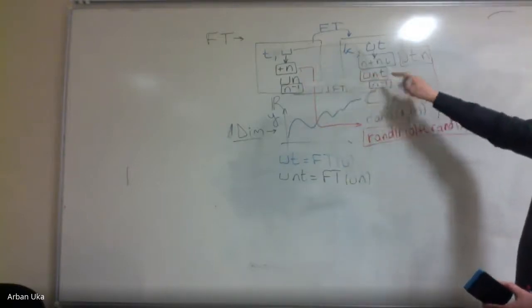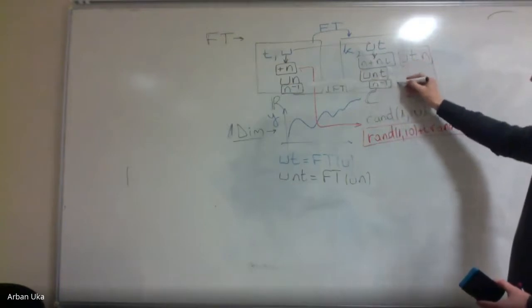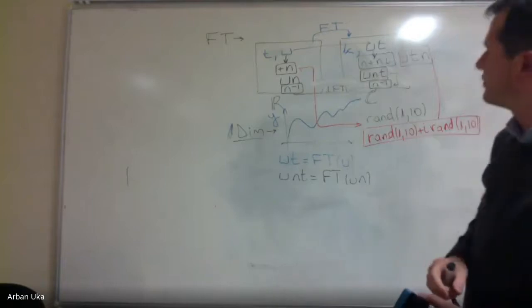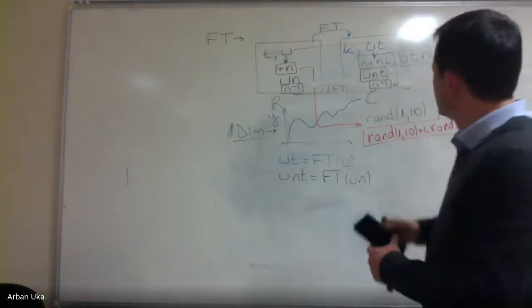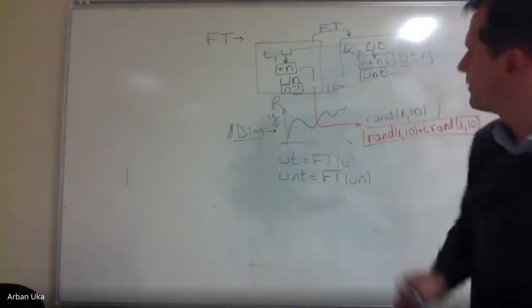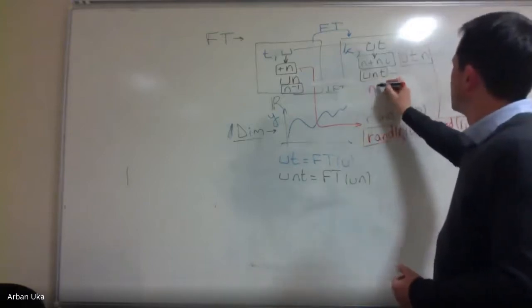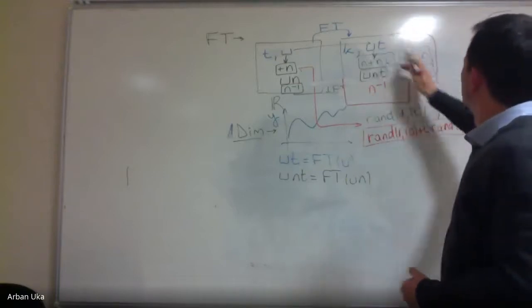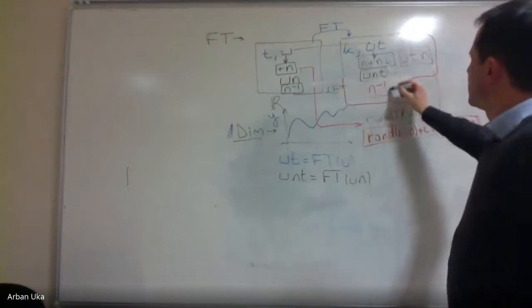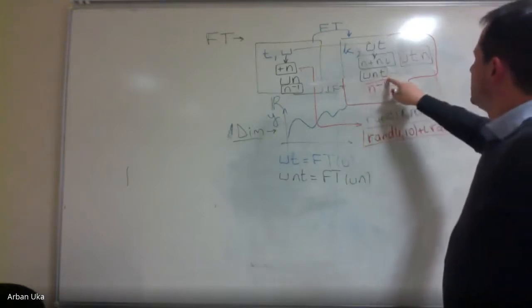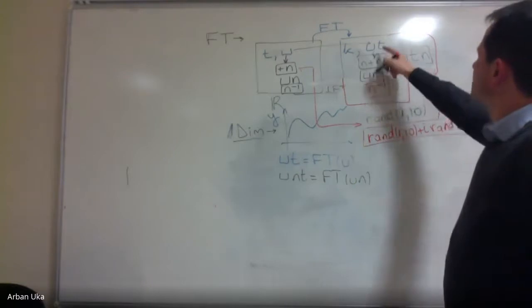And then in this domain, we can apply noise inverse functions. So let's denote this one as n inverse. Let me write this a little better. So this is noise inverse. We can apply this in this domain. And once we apply this noise inverse, from UNT we can obtain just UT.